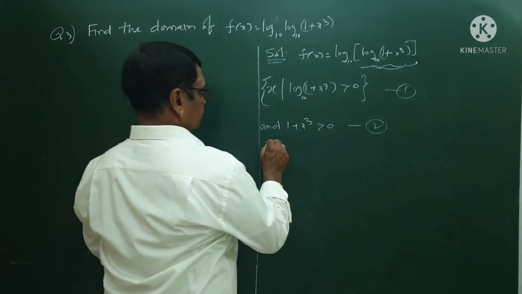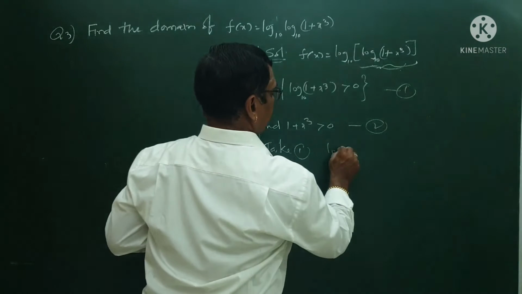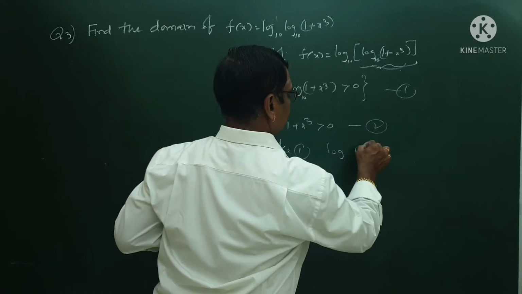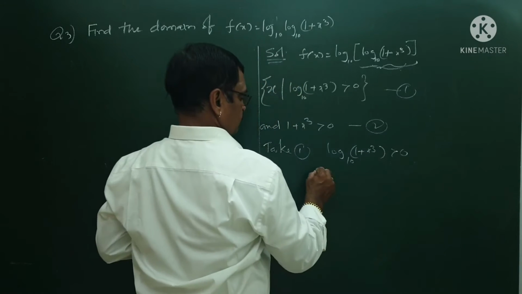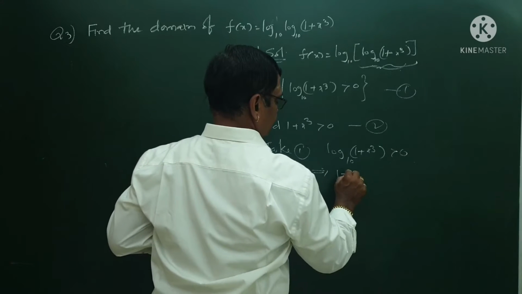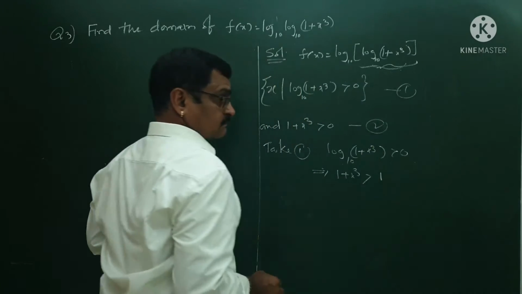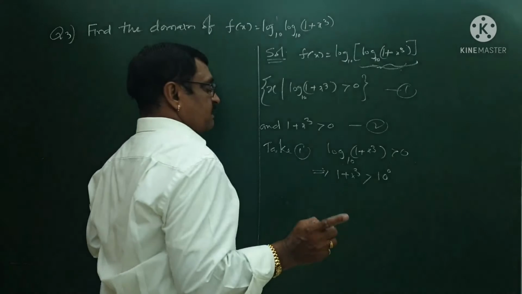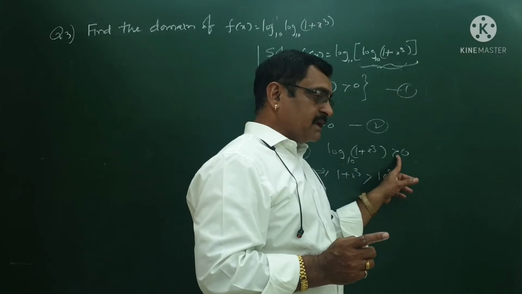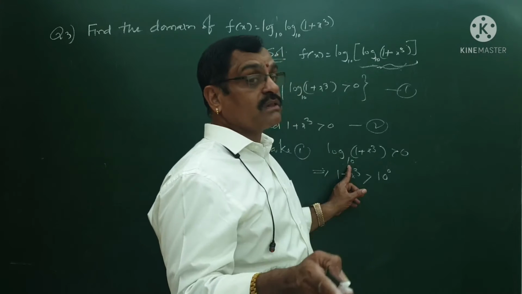So take one. Log of 1 plus x cubed base 10 is more than 0. This implies 1 plus x cubed is greater than 10 power 0, that is 1. And here the inequality remained greater than because the base 10 is more than 1.